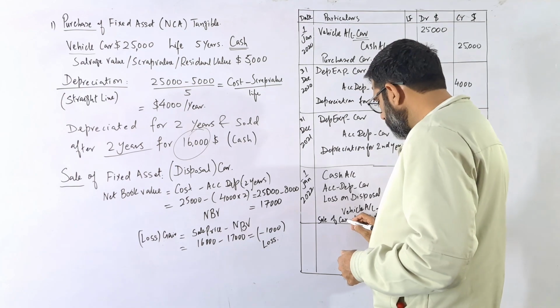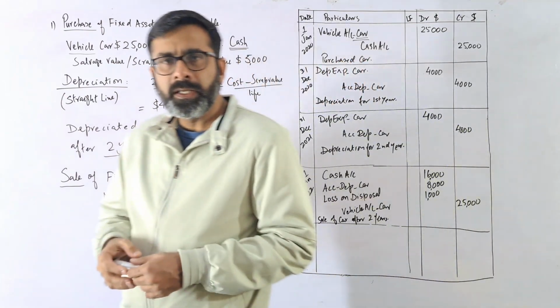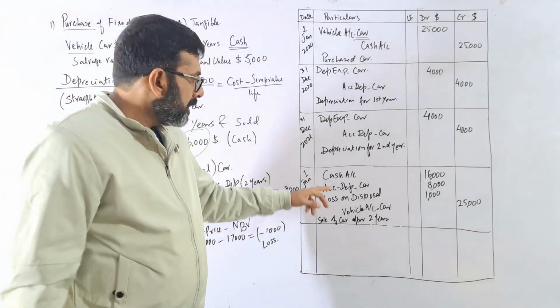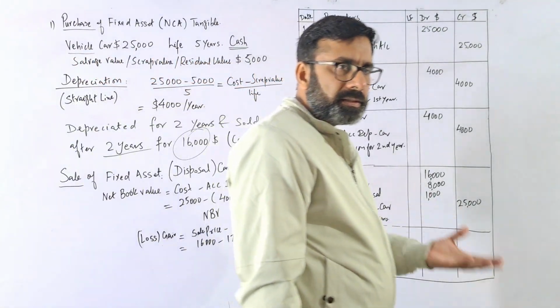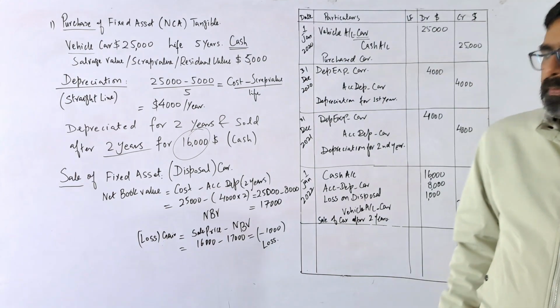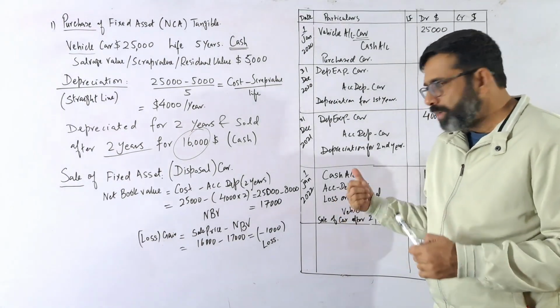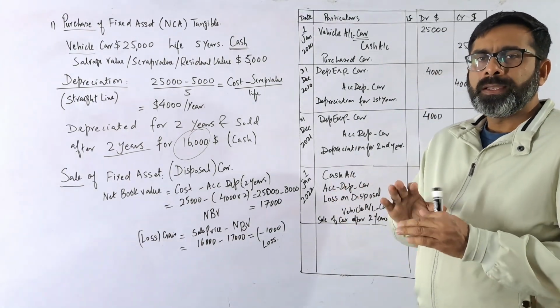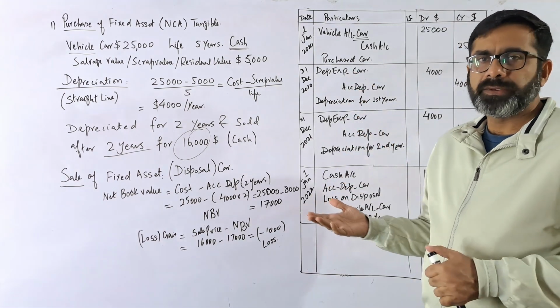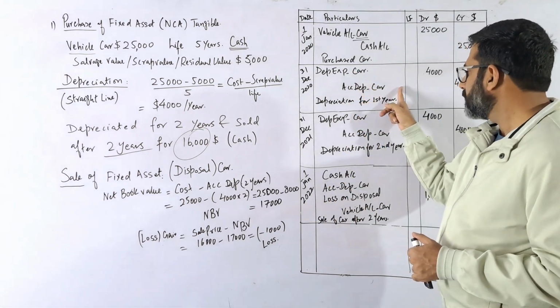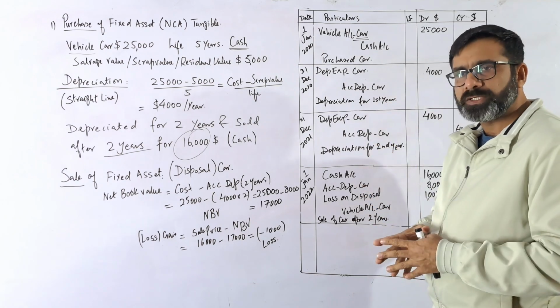Because the car is sold after 2 years, what we have there is the cash account, the cash we have received in the form of hard cash or in a bank account, so that will be debited. Then the accumulated depreciation, because we have to make the zero balance in the accumulated depreciation account, that is the real account. The balance was 4,000 plus 4,000, so it was 8,000.